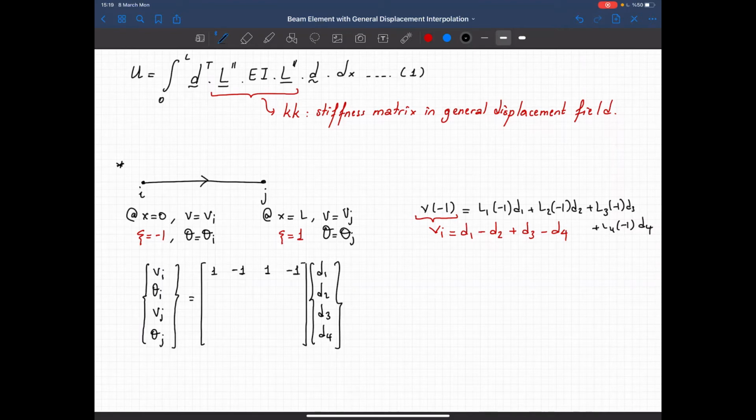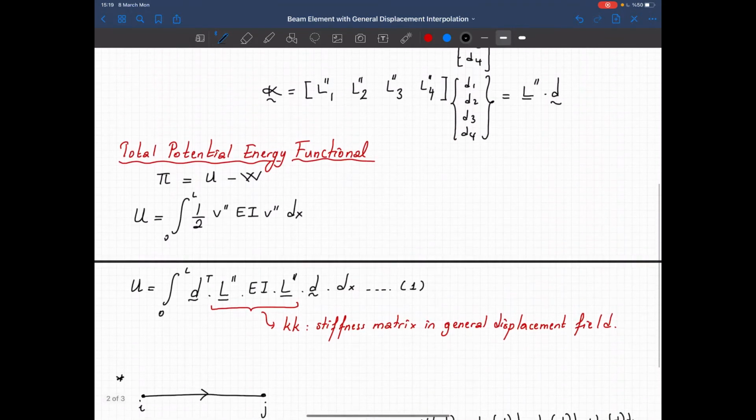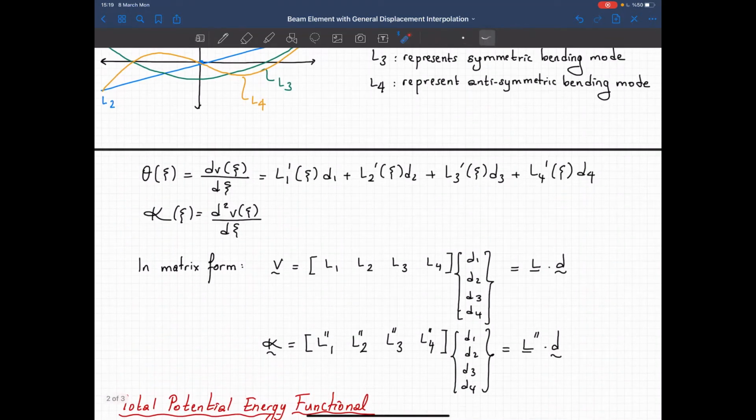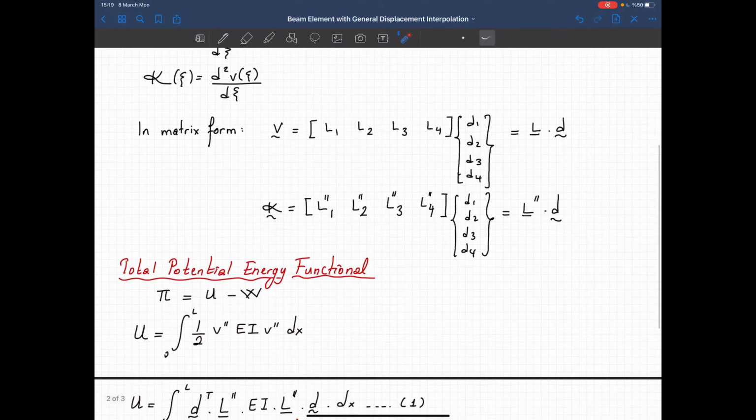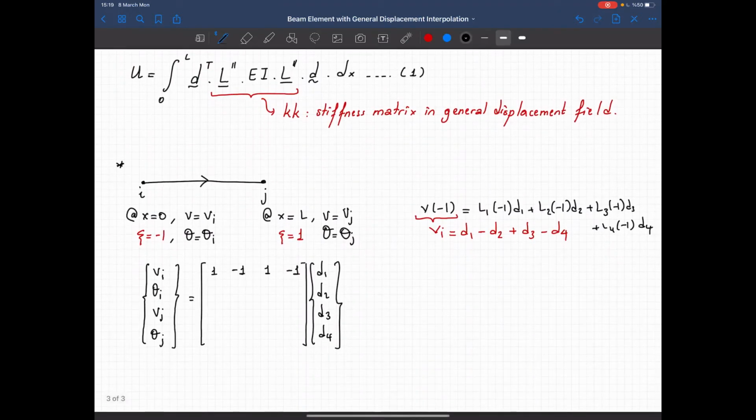Okay, and then you repeat the same procedure. For the rotations, we have the following equation. Instead of psi, we put -1 and obtain whatever we get in that equation and write it here. And for the second row, this is 0, this is 2 over L, this is -6 over L, 12 over L. The third equation that relates Vj and these D parameters are 1, 1, 1, and 1.